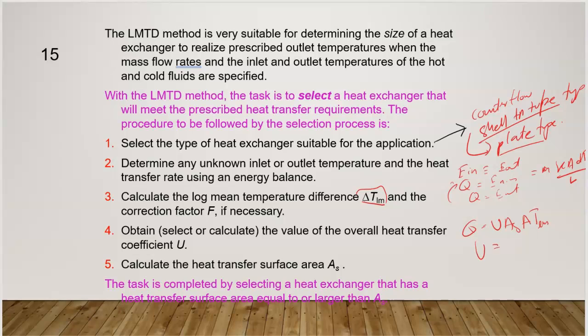So U equal to Q over A delta TLMTD. And then calculate the surface area if needed. So area of surface A equal to Q over U delta TLMTD. Then you have A equal to 2 pi RL, and then bring everything over there, then you can calculate the L needed.